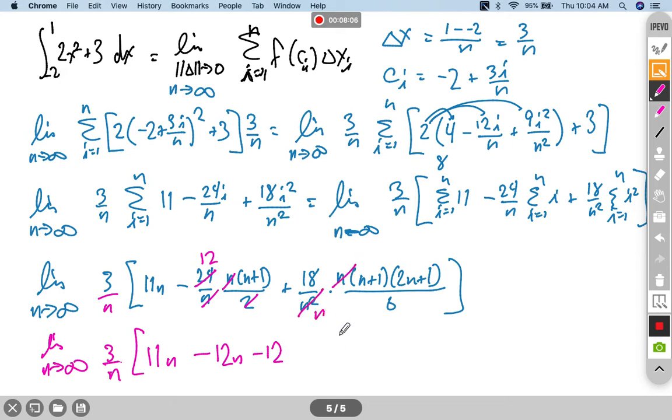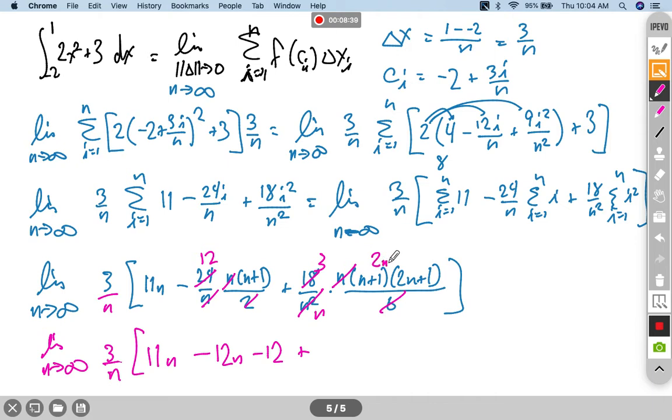I can take out an n that way, and I can take out 6 that way. So I got 3. So this is going to be, where are we at here? Okay.